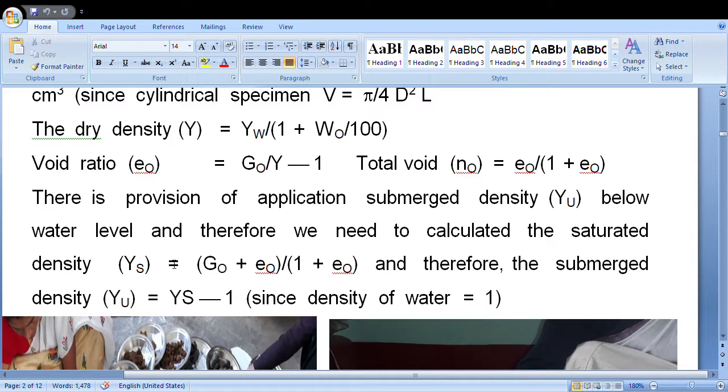Saturated density equals specific gravity plus void ratio divided by 1 plus void ratio. And thereafter, submerged density we can get simply by deducting the density of water: gamma S, the submerged density, equals saturated density minus 1, since the density of water is 1.